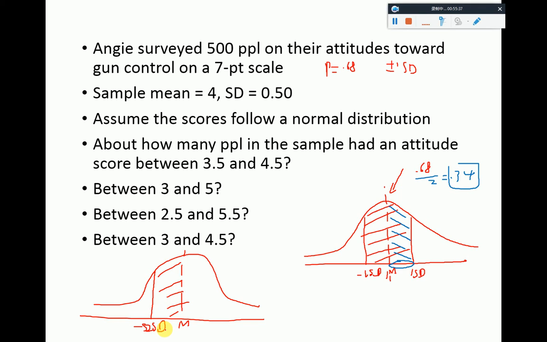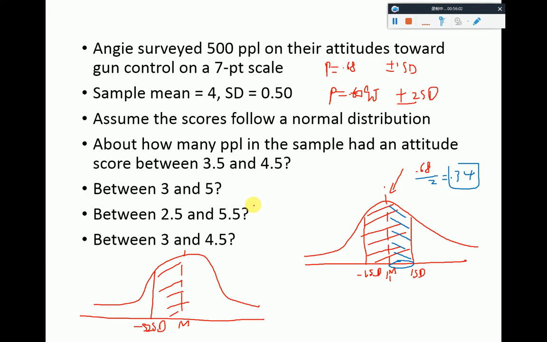Because according to the empirical rule, the probability of observing any score that's within two standard deviations above or below the mean is 0.95.